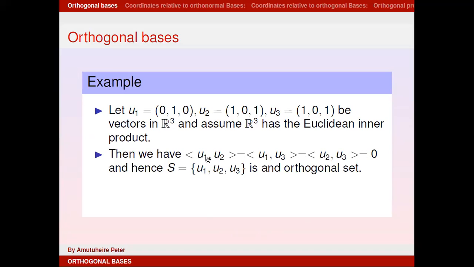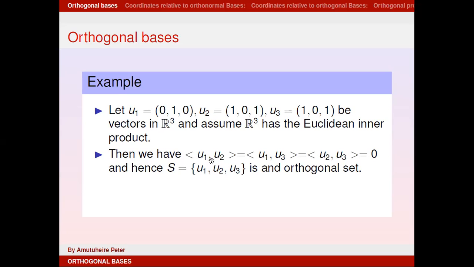Then you can see that the inner product of u1, u2, u1, u3, and u2, u3 are all equal to 0. That means each pair of distinct vectors is orthogonal, and so the set S which has vectors u1, u2, u3 is an orthogonal set.